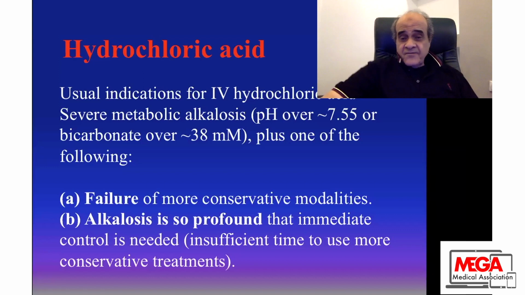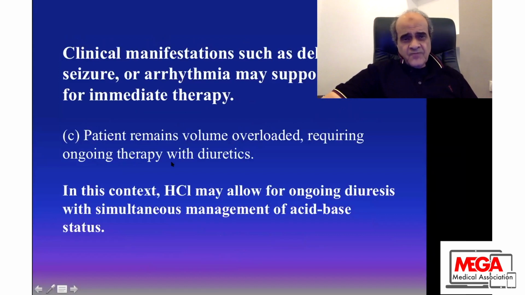If the other conservative modalities are not effective and the alkalosis is so profound that immediate control is needed, and there is some sort of arrhythmia or some sort of CNS depression, and you can't use dialysis, you can use HCl. And actually, there is a protocol for using HCl, and you have to infuse it through a central venous catheter, and be sure the central venous catheter is in its site through an X-ray film.